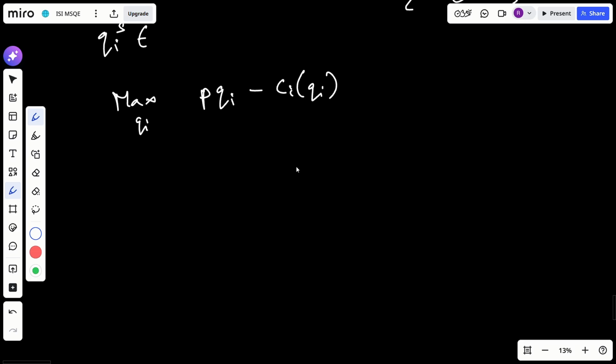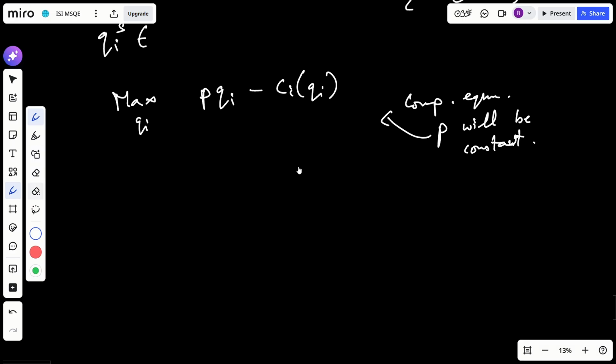Since we are trying to find the competitive equilibrium, P will be constant when we are solving the profit maximization problem for a single firm, because in the competitive case a single firm is a price taker.